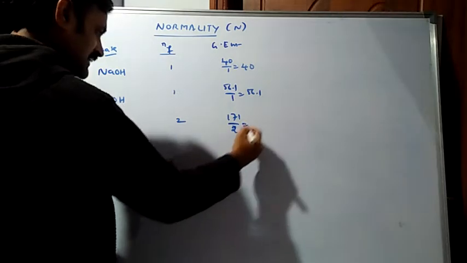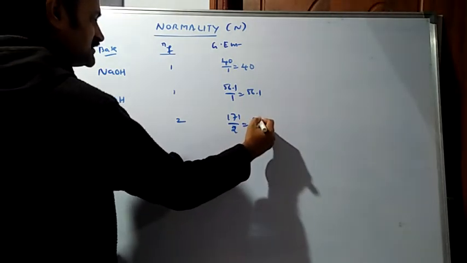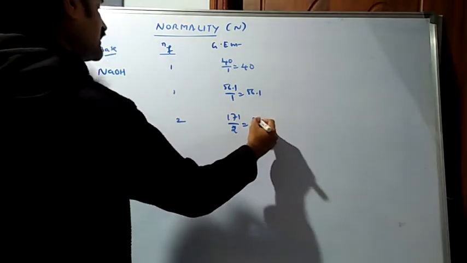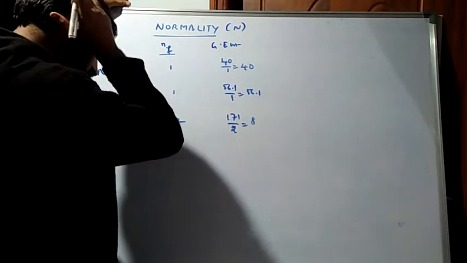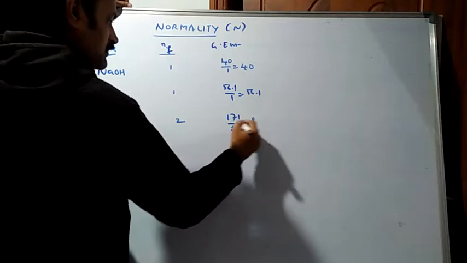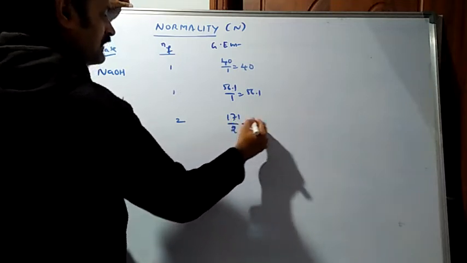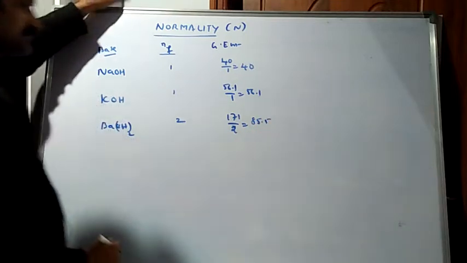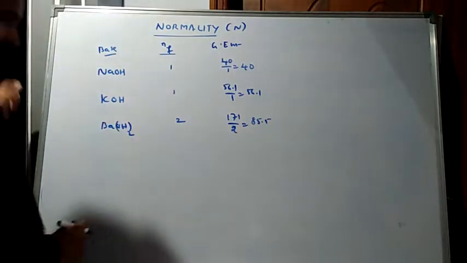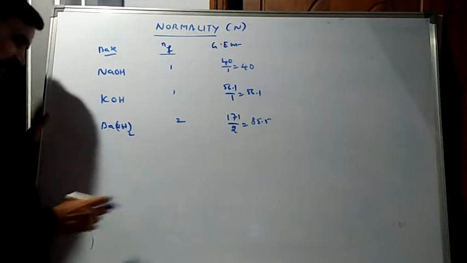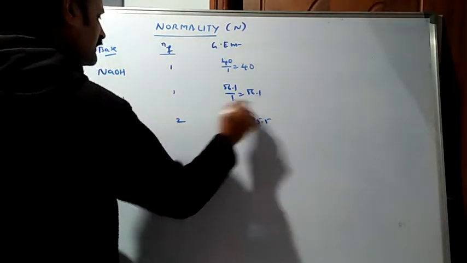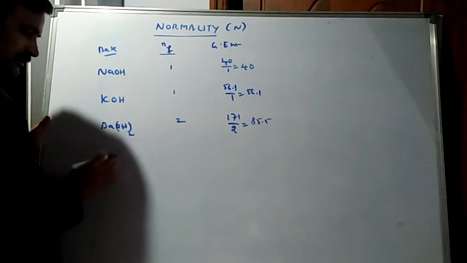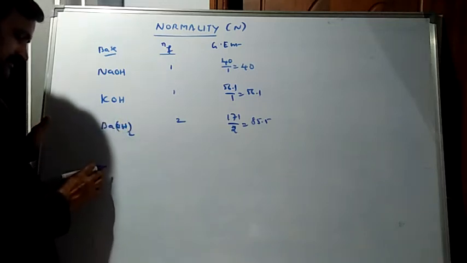So we will write it as 85.5. Suppose it is given a little differently, then depending on this total only we will write, based on the barium value also.